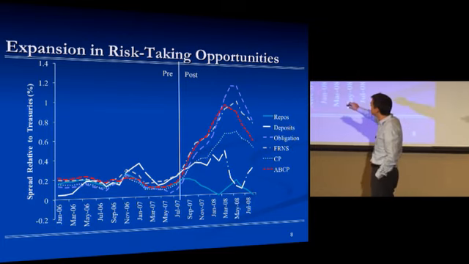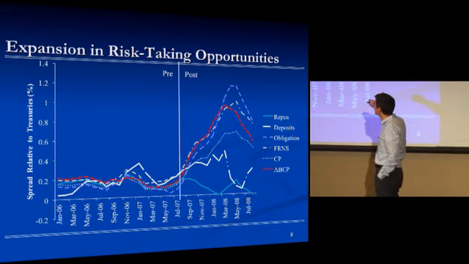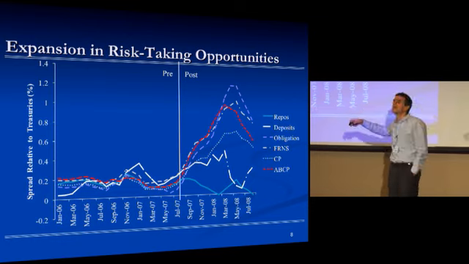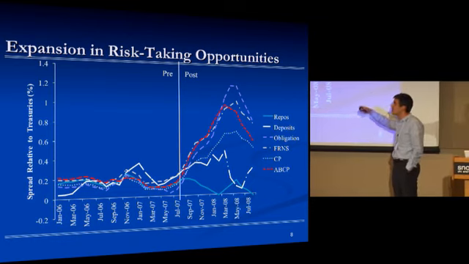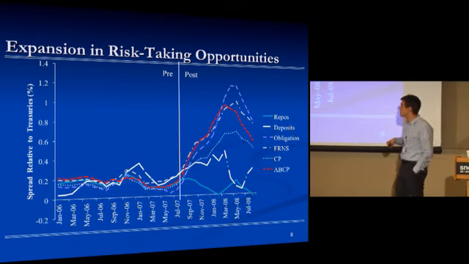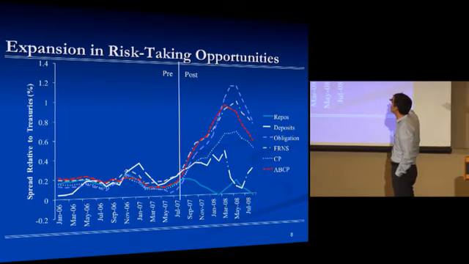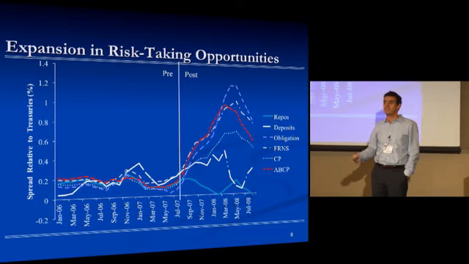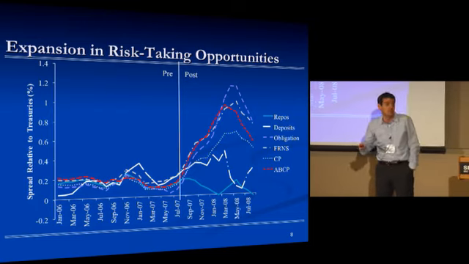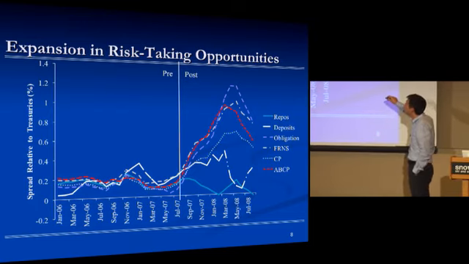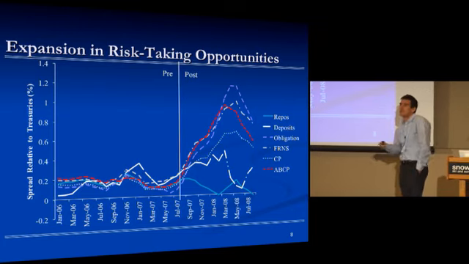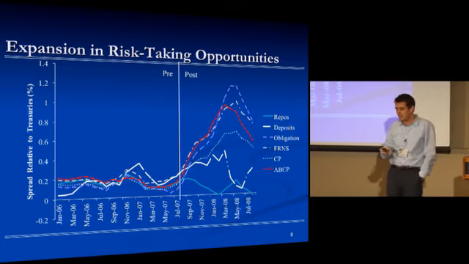What you see here is that all of these instruments relative to treasuries paid similar yields up to August 2007, roughly 20 basis points relative to treasuries. However, starting in August 2007, you see this divergence. For example, repos continue to be safe, paying roughly the same yields as treasuries, versus other instruments like asset-backed commercial paper and bank obligations, which became much riskier. Okay? They paid much higher yields.